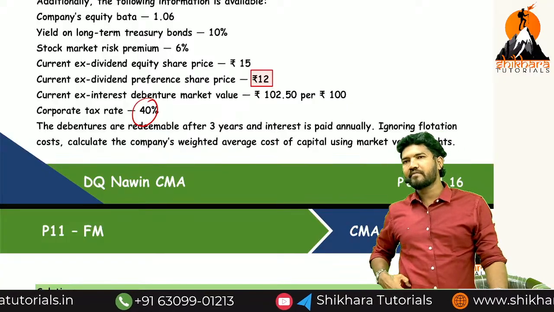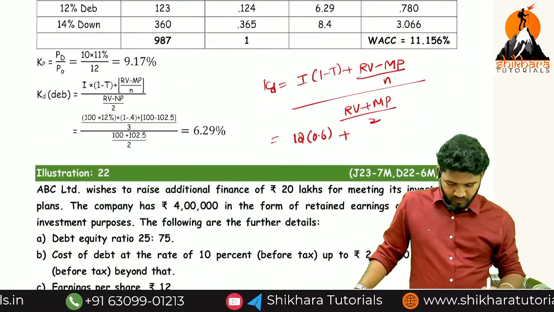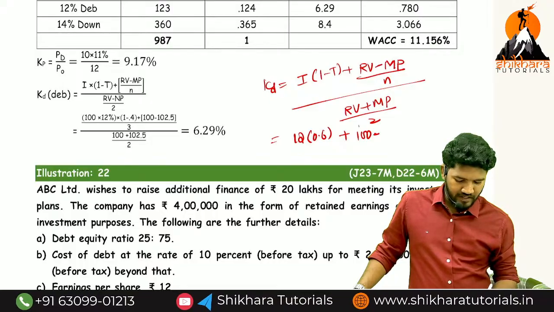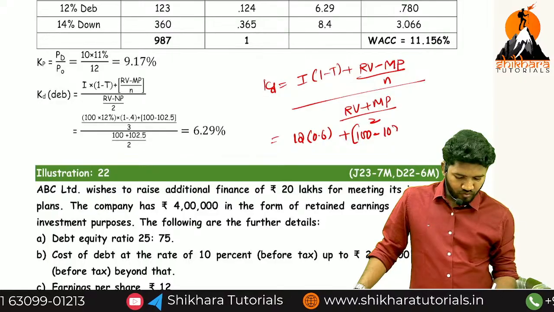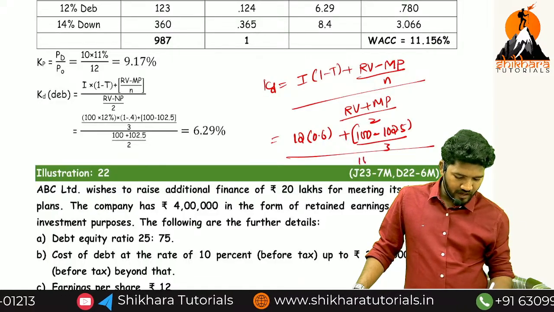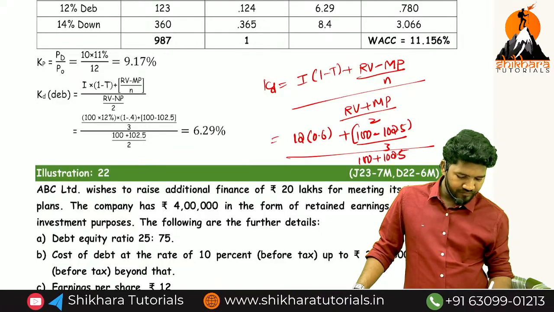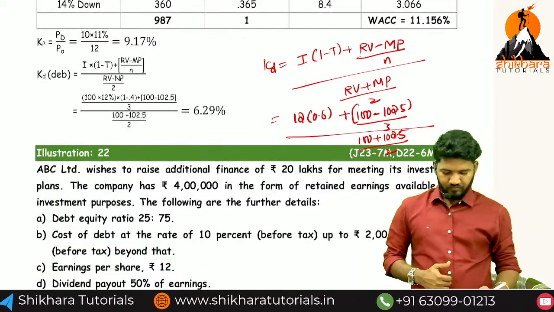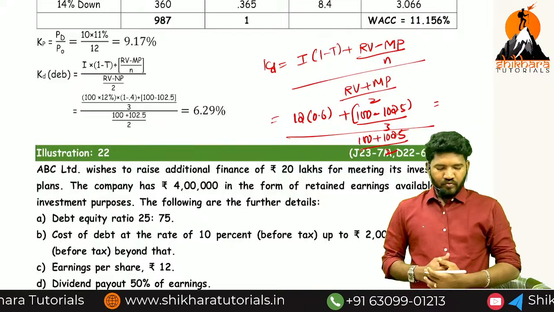You are repaying at face value. How much? 100 of face value minus market price, 102.5. 12 into 0.6, plus 100 minus 102.5 divided by 3, whole divided by 100 plus 102.5 divided by 2.